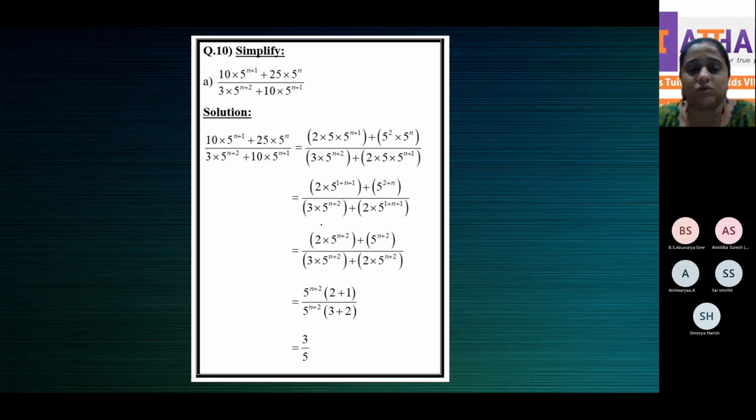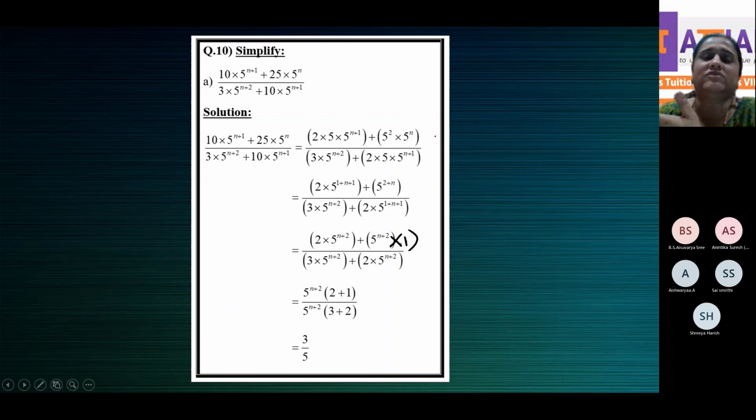Now, if you write this 5 to the power n plus 2 common outside, then what do you have here? 2 plus this one is outside common. So that means it's into 1 here. See, if there's nothing here, it's into 1. Because we know the property of 1 with respect to multiplication.